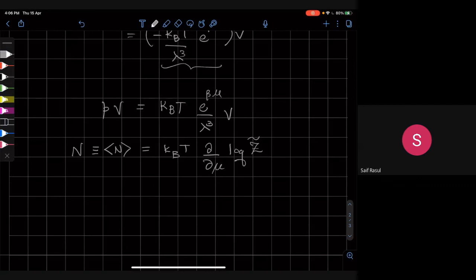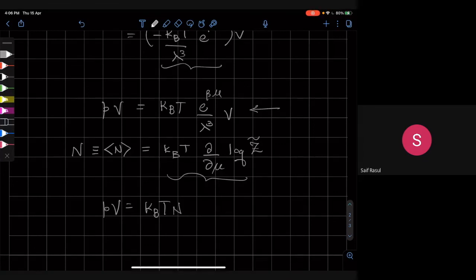If I apply this and work out the expression for N, and use it in this equation, then what we get is PV equals k_B T N.